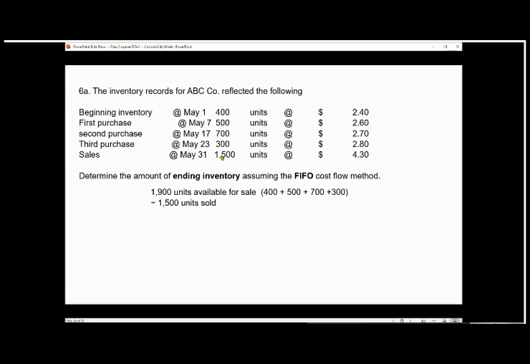If you sell 1,500 of them, that means you've got 400 units left in your ending inventory. And the ending inventory is going to be 300 units at 280, and you've got 100 units at 270, and that will be our ending inventory of $1,110.